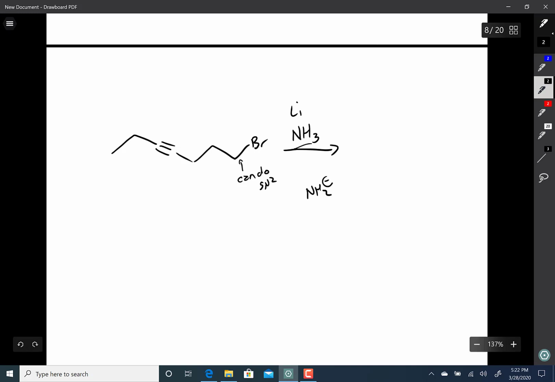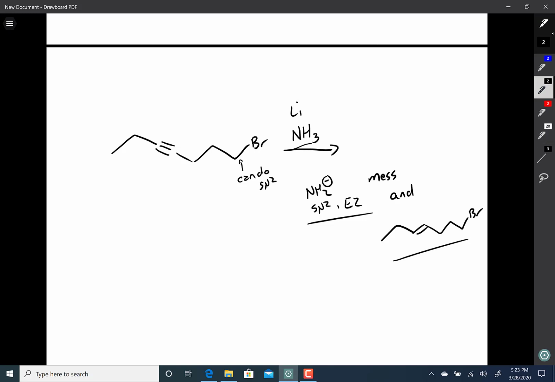NH2 minus can do an SN2 reaction. It can also do an E2 reaction with this. And so as a result, you end up getting a mess and not that as a trans double bond. So just be very, very careful when using this.